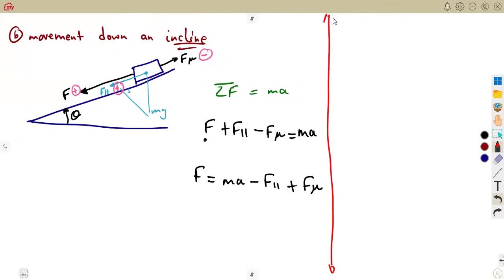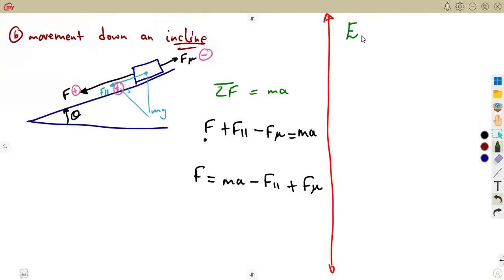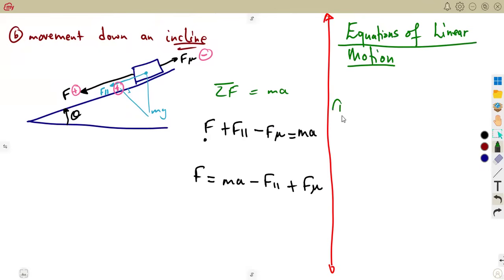So remember those ones, guys, from your N3, and some of these ones you're given in the formula sheet. So our equations of linear motion. Guys, it is just a matter of memorizing these.